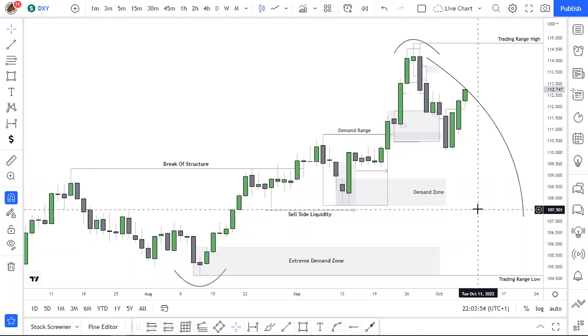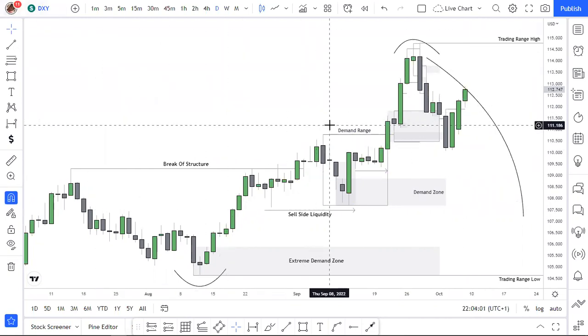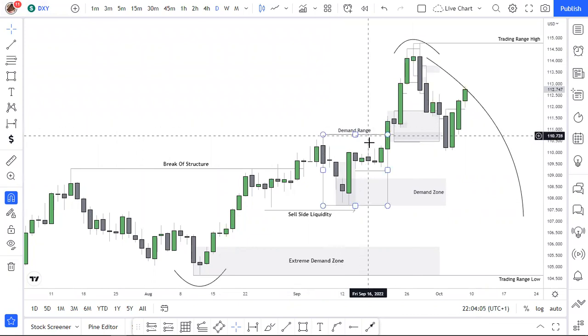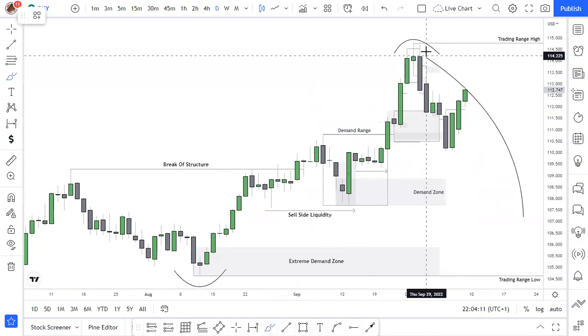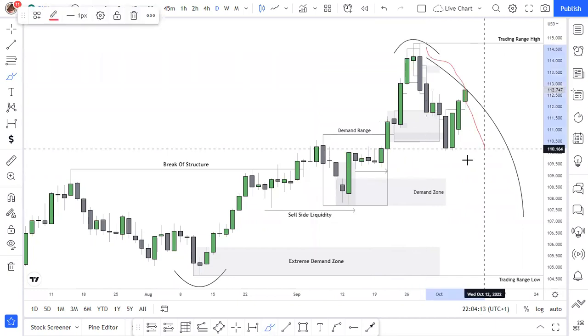So in my previous video, we talked about the dollar index and some of the major pairs, and we said that we wanted to see some kind of pullback from the dollar index. That we wanted to see price pull back to some of the demand ranges we have.